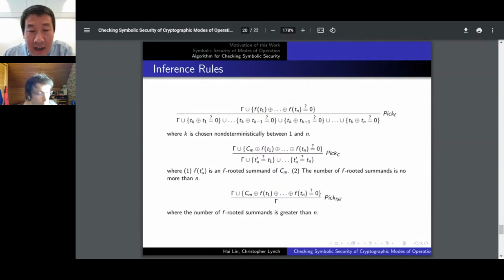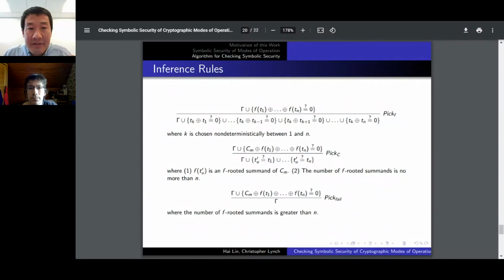We have three other rules. Pick f: essentially, if we have the XOR of a bunch of f-rooted terms and the XOR is 0, then all of the f-rooted terms must go away. In particular, f of tk, where t is chosen non-deterministically, must go away. And we just list all the possibilities that f of tk can go away in the conclusion.